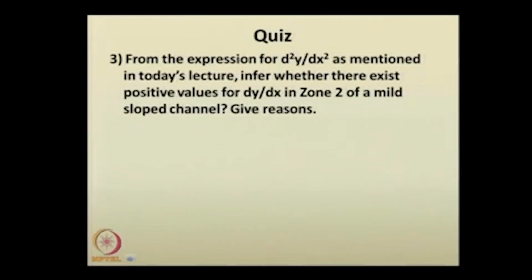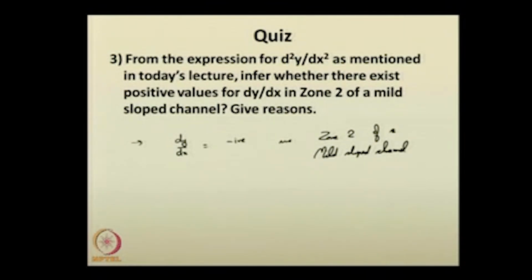Your third question: from the expression for d squared y by dx squared as mentioned in today's lecture, infer whether there exist positive values for dy by dx in zone 2 of a mild slope channel. You give the results. So, your answer is dy by dx will always be negative in zone 2 of a mild slope channel.